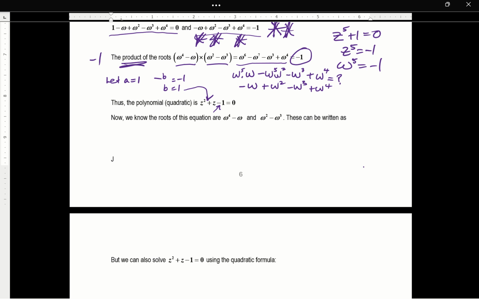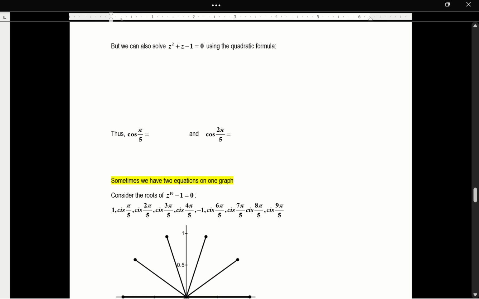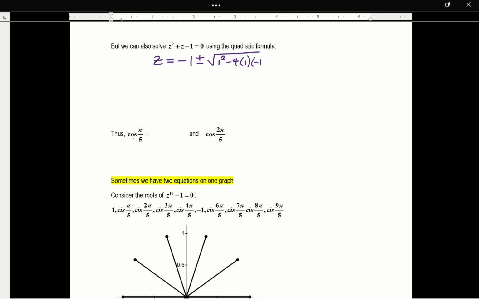So now we know the roots of that equation are w^4 minus w, and I've said we already know that, right? We created that from that. So we know that those are the roots. But look, that equation, when you're in year 10, you would have solved that using the quadratic formula, that z squared plus z minus 1 equals 0. And you would have said z equals minus b plus or minus the square root of b squared minus 4 times a times c all over 2a.